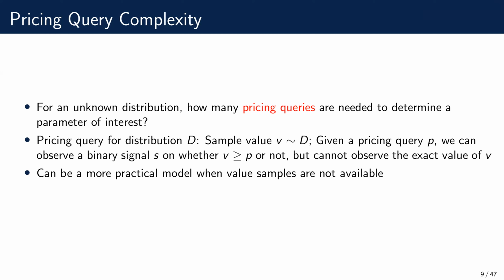First, we draw a value from the distribution of the buyer. Then the seller can choose to post a price P and observe a binary signal on whether the buyer's value is at least P or not. In other words, the seller gets to know whether the buyer can afford to purchase the item at the proposed price, but cannot directly access the exact sample value. This can be viewed as a more practical model for those non-truthful mechanisms.